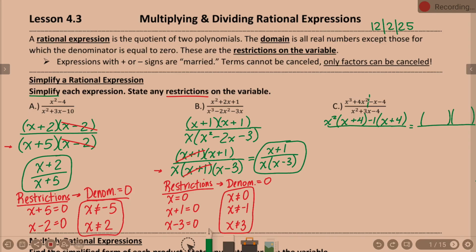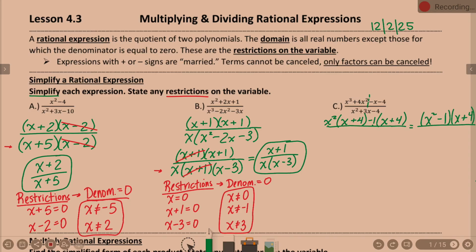What are my GCFs here? X squared minus 1. The other parenthesis is your GCF in terms of we have matching parentheses, yes? So this is x plus 4. Okay?